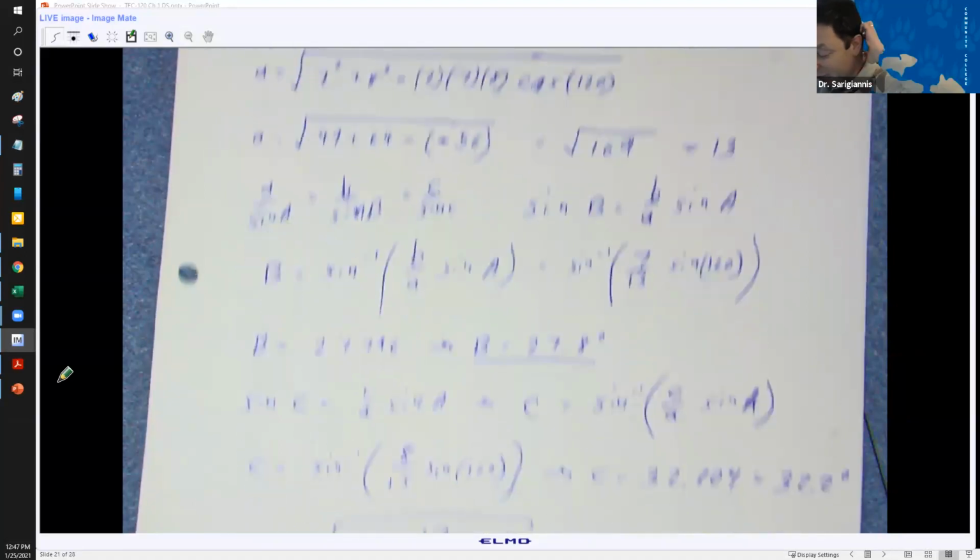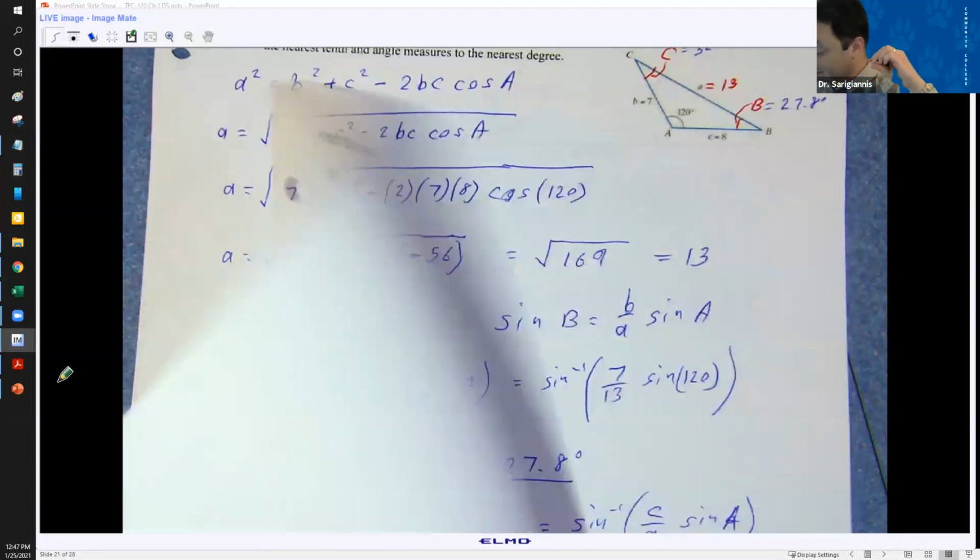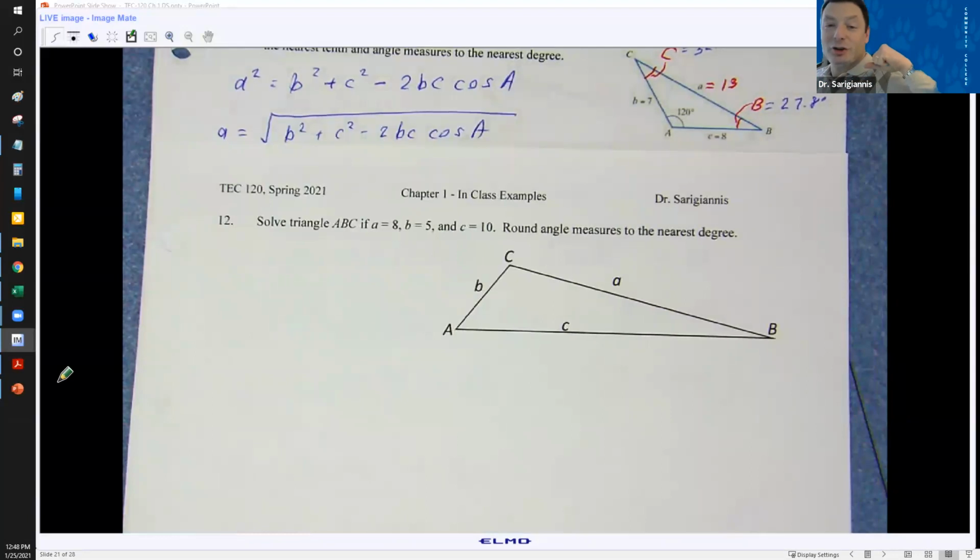Number 12 is similar. So why don't you go ahead and do number 12 on your own, and I will go over it next class, but there's just not enough time to go through it. So it's probably best just for you to try it. You can even try it on a scrap paper, and then first thing on Wednesday, I'll go through it, see if there's any questions, and then we can start the next module.